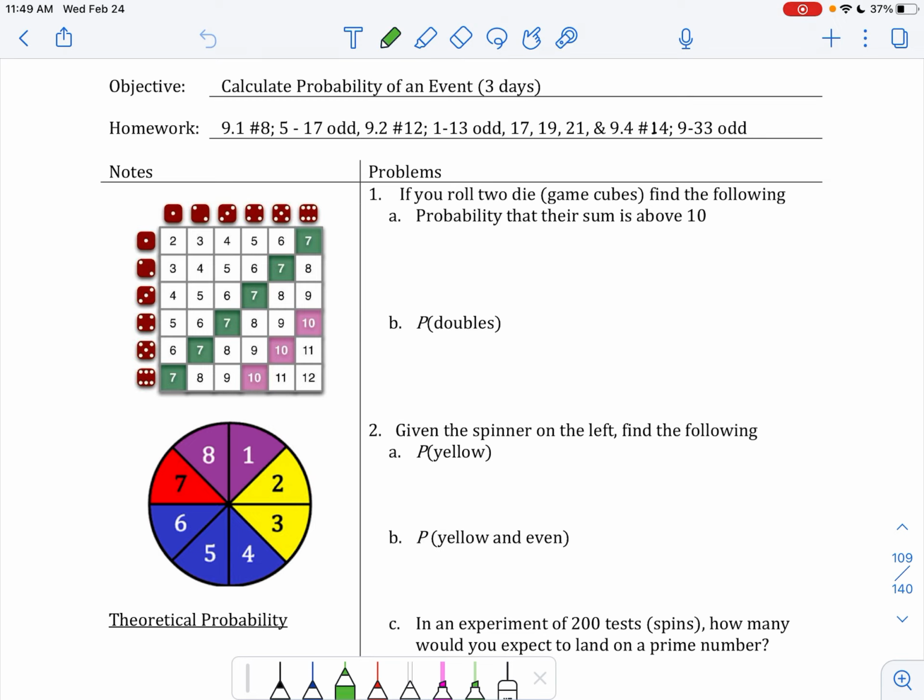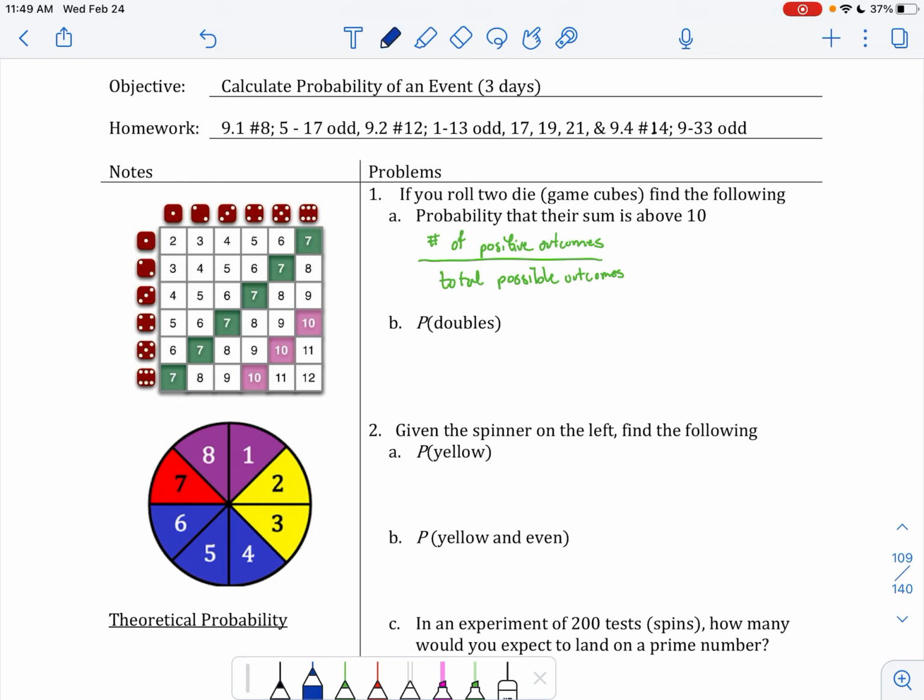And remember, with probability, we are interested in the number of positive outcomes, the outcomes we want, out of the total possible outcomes. So if I look at this table, there are 1, 2, 3, 4, 5, 6, all the way down.